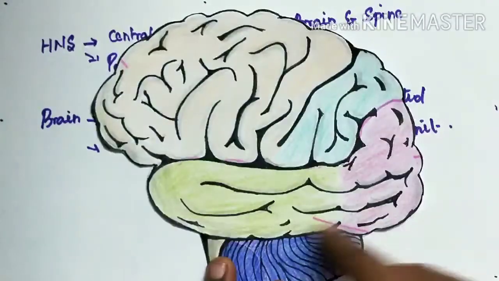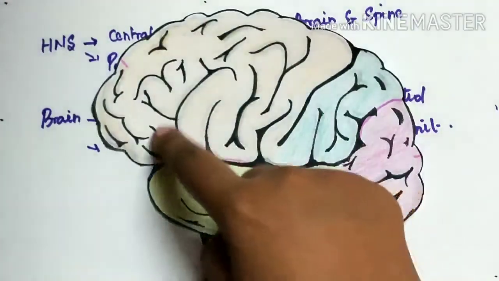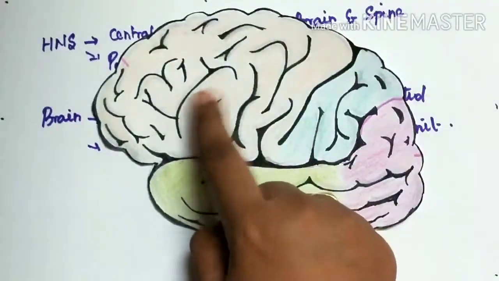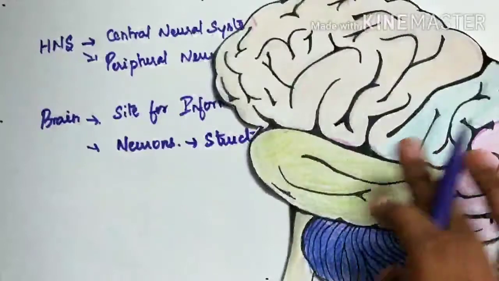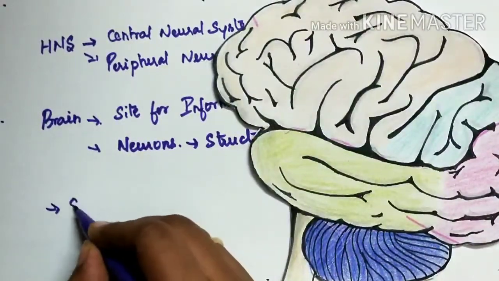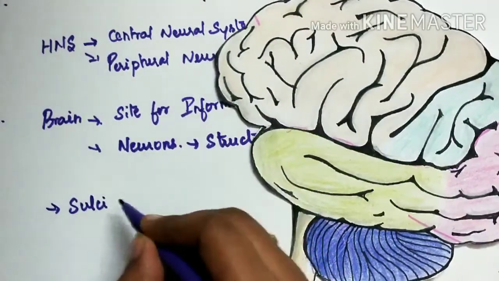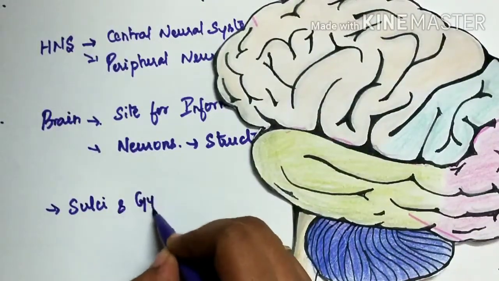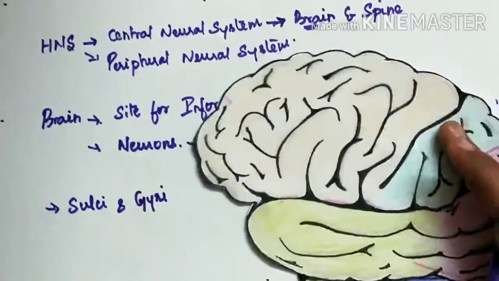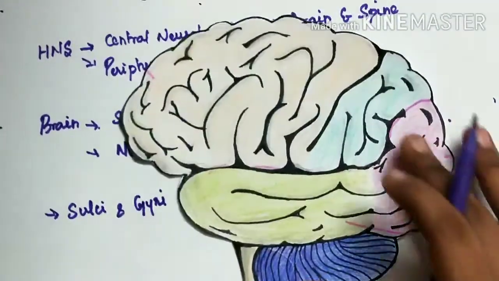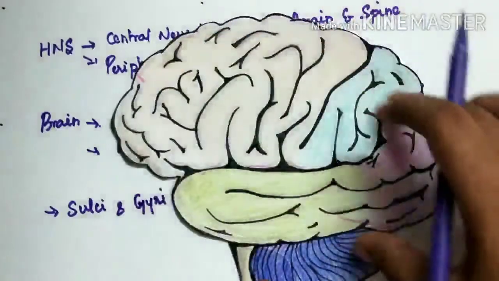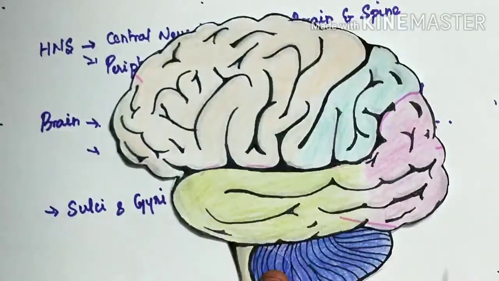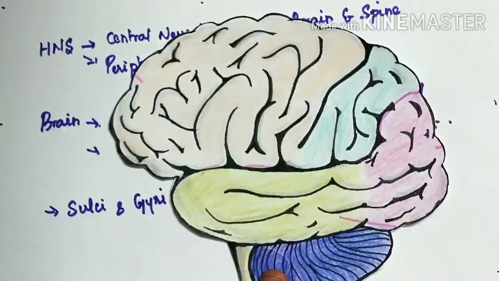The intrusions here are called sulci and the extrusions, that is the bulges, are called gyri, in singular gyrus. The four lobes are each marked in a different color. Each lobe has distinct functions.